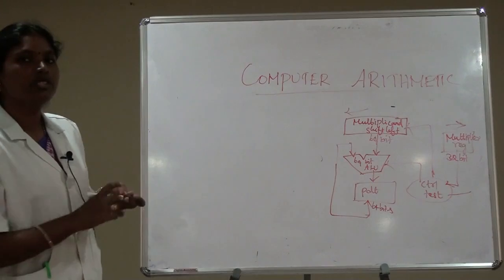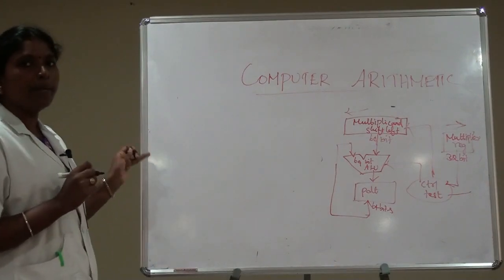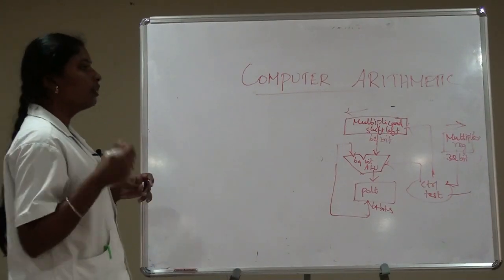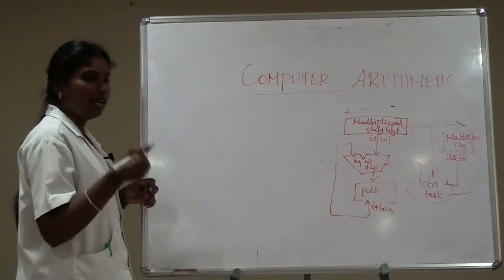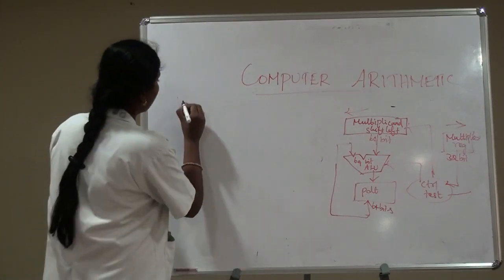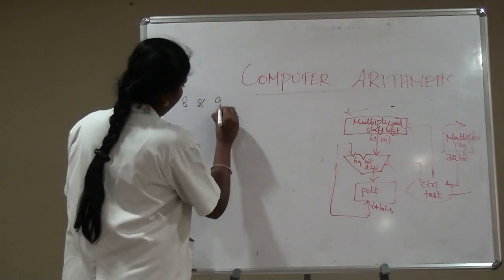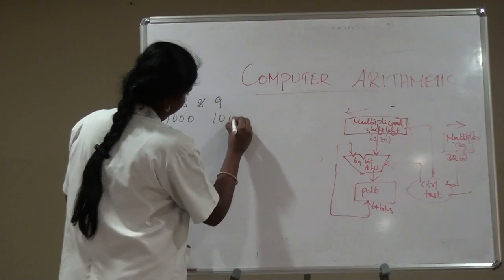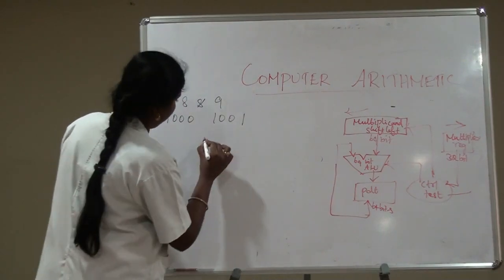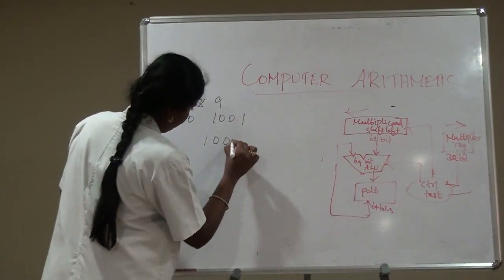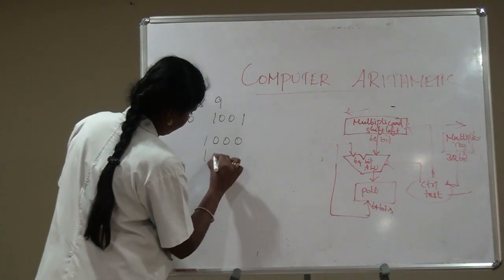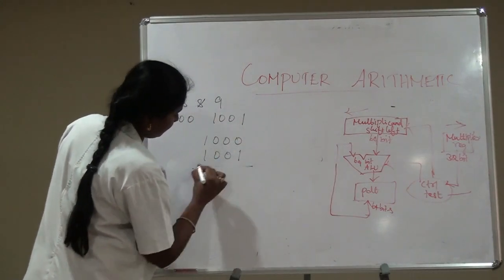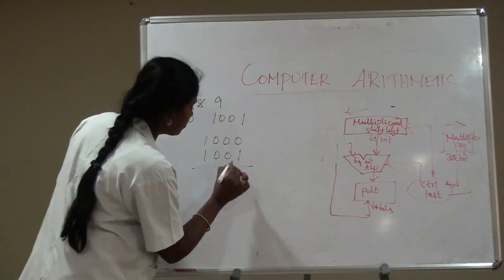So we have discussed binary addition and binary subtraction. Then we are moving to binary multiplication. How to multiply the values 8 and 9. Zero into any number is 0.